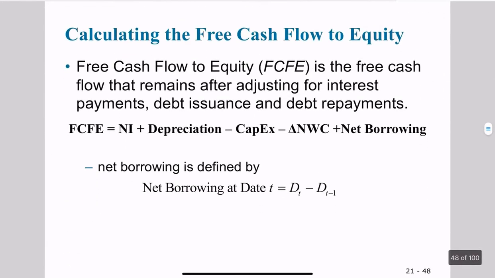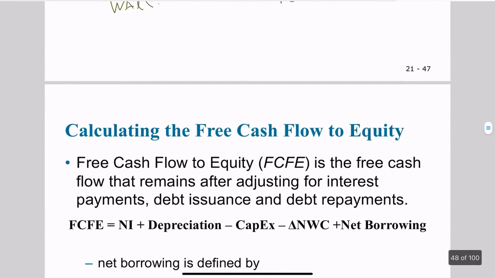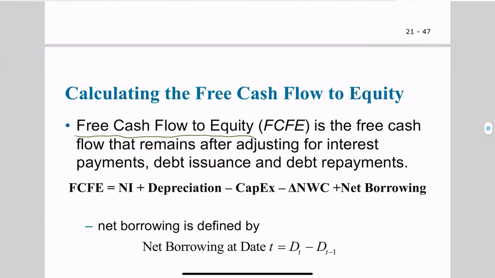Okay. Clearly, if you want to use this FCFE, that is the free cash flow to equity method, you will have to first calculate the free cash flow to equity. So here we have this formula.